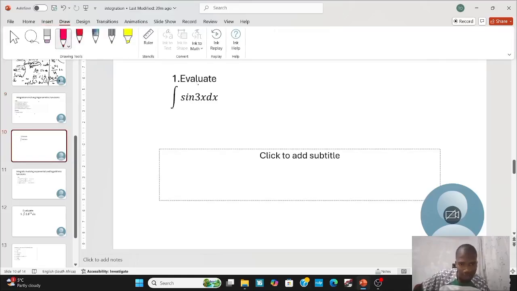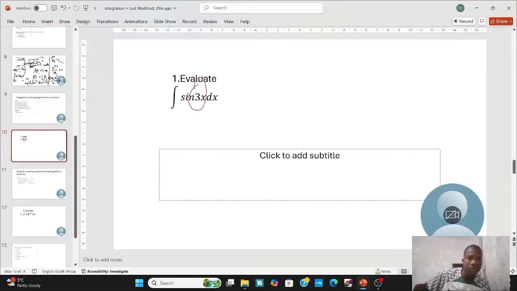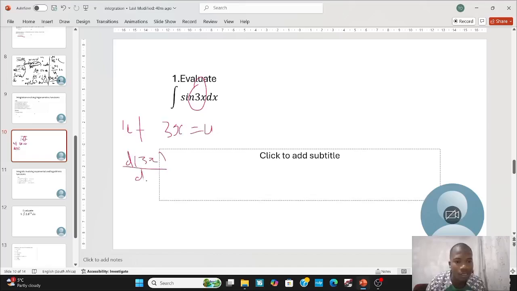So whatever we are given that is in between the brackets, the function, we have to let 3x become u, right? We say that 3x is equal to u. Then d 3x all over dx is equal to 3, right?